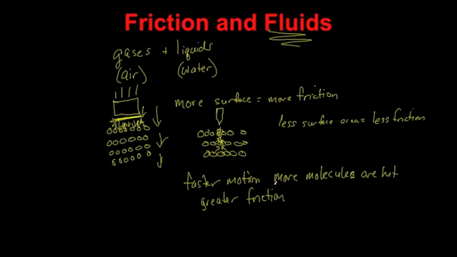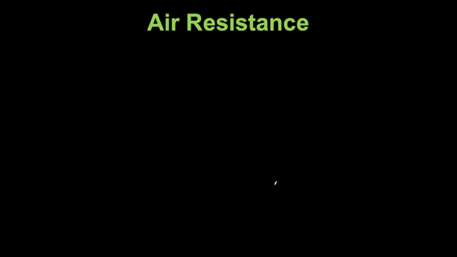Now, when we talk about hitting those molecules in the air, or we could even say water, if something's falling through the air, it's going to meet resistance of the molecules. So like we said, the faster it falls, the more molecules it hits. Now, as an object falls, it's going to gain speed.